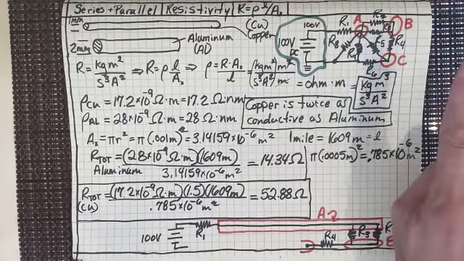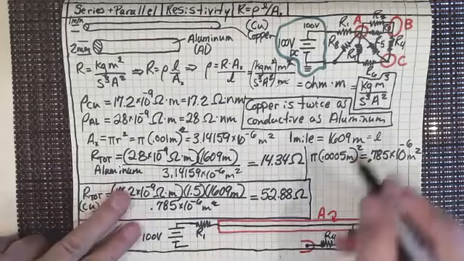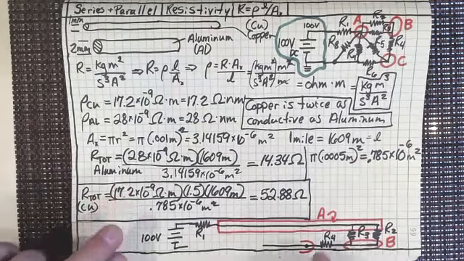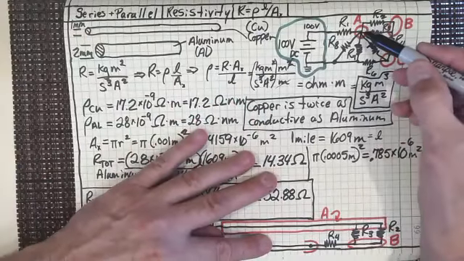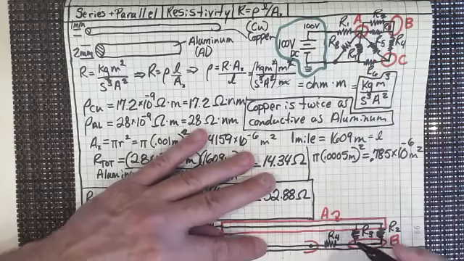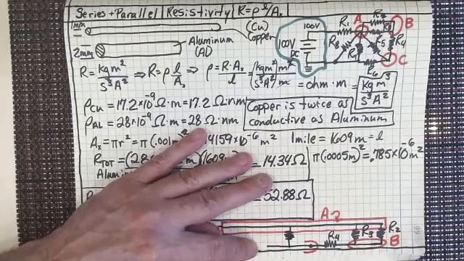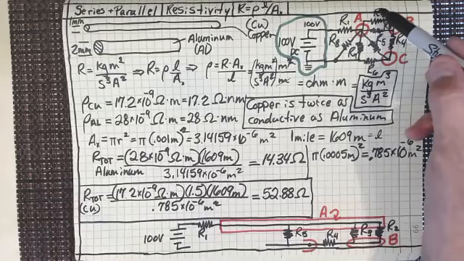Do we have anything connected from A to C? Yes, we do. We've got that R5 resistor. I'm just going to extend this out. We've got that R5 resistor that's connected from A down to C. So I'm just going to draw that in. That's R5. So we've taken care of this resistor.